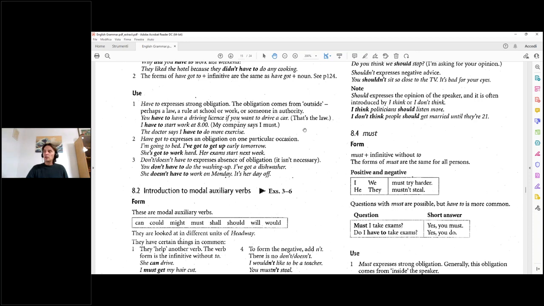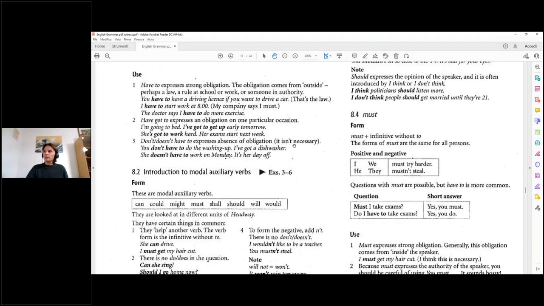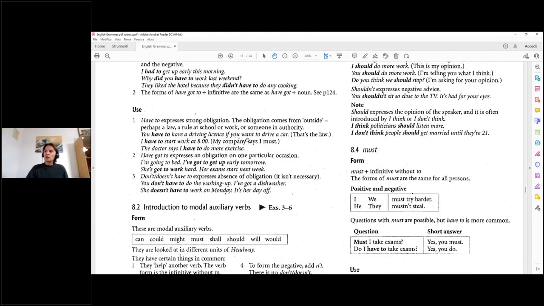Avevo invertito have to e must all'inizio della presentazione. Quindi quando l'obbligo viene dal di fuori, la legge, una regola della scuola, al lavoro, o qualcuno con l'autorità, si usa have to.